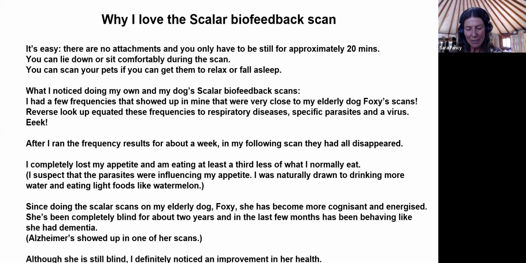All it's saying is this frequency matches this ailment or whatever. But again, you could be a woman and have something that comes up for a man, right? And so obviously you don't have that, but it's kind of a good indicator.